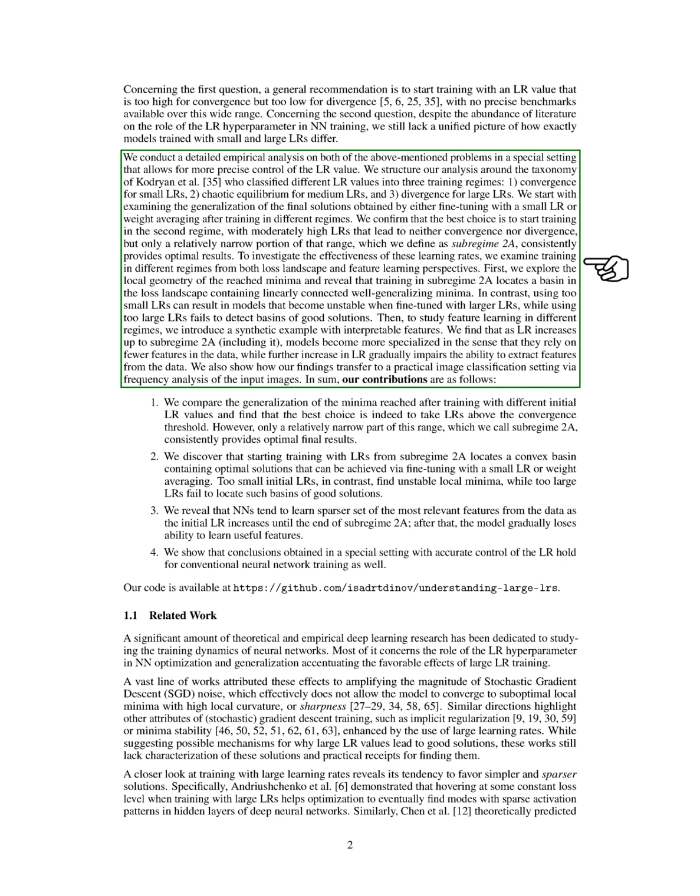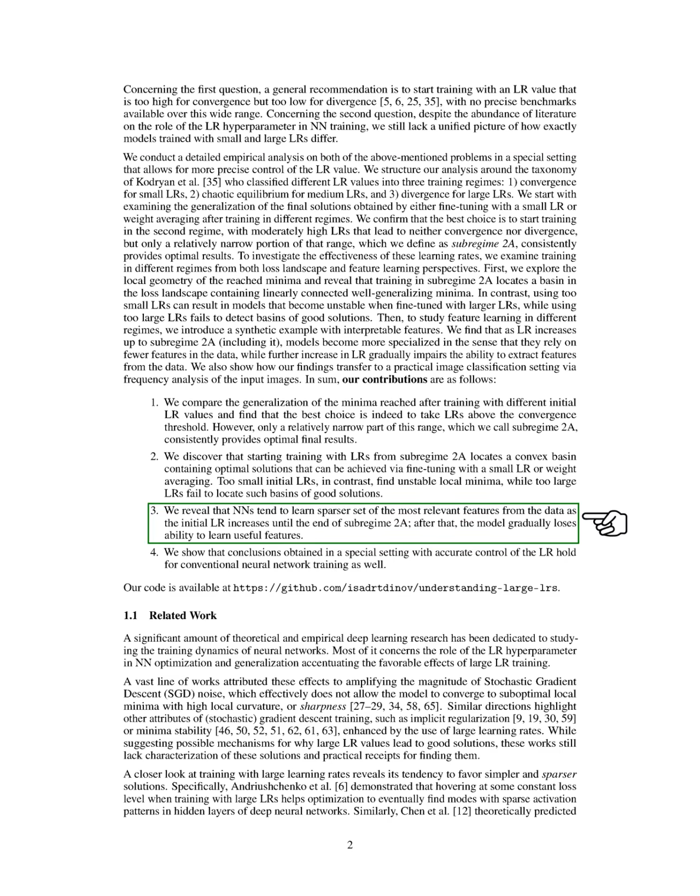We identify that subregime 2A consistently leads to optimal results, locating a convex basin with good solutions. We also reveal that NNs learn a sparser set of relevant features as the initial LR increases, but this ability declines after subregime 2A. Our conclusions hold true for conventional neural network training as well, and we have made our code available for further exploration.